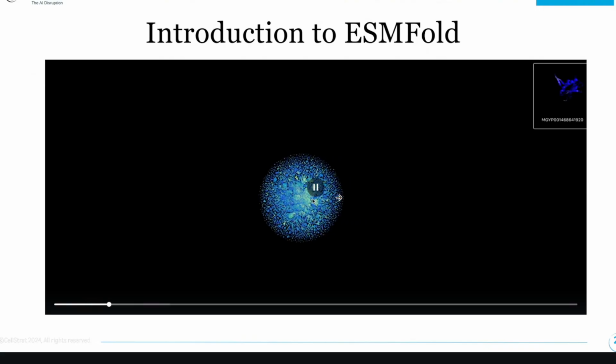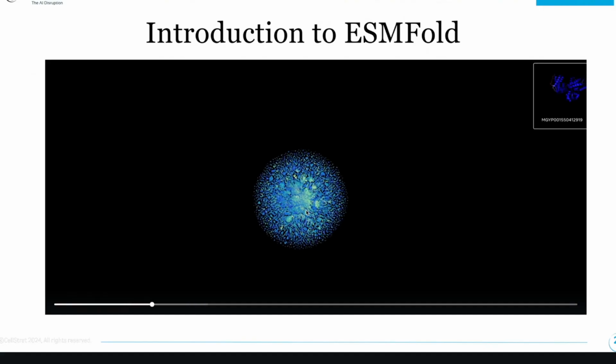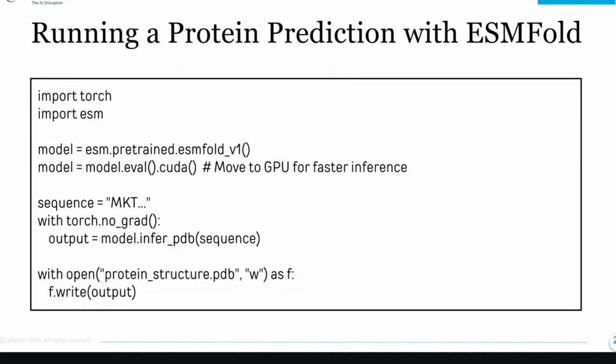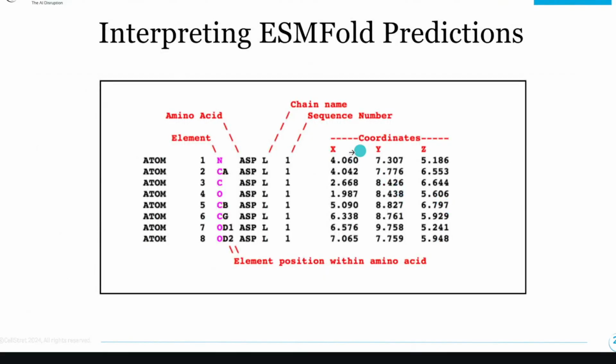You click on that protein, and that is the particular coordinate of that protein in three dimensions. When you download the PDB, you will understand that this XYZ coordinate is the coordinate of that particular atom, which belongs to this particular element of this amino acid sequence. So it is very fascinating how we can interpret ESM predictions in useful ways to understand proteins.